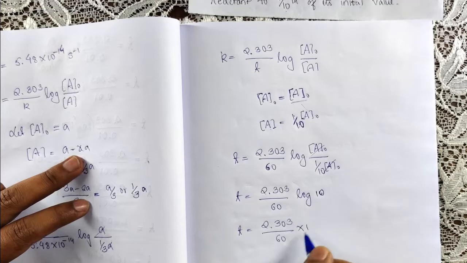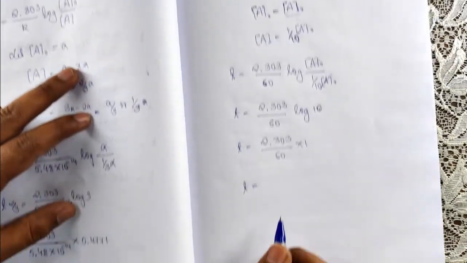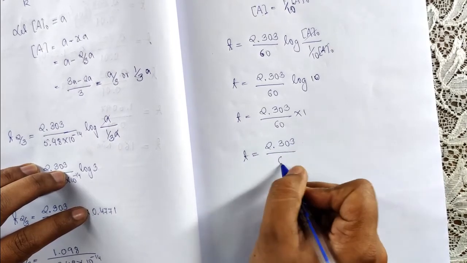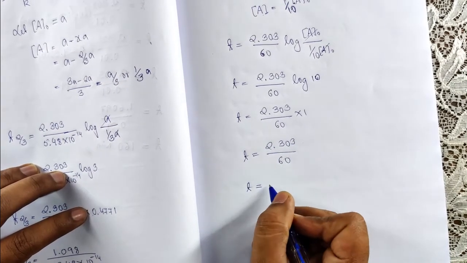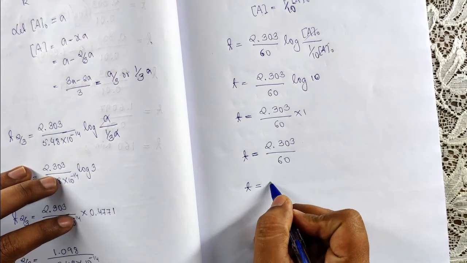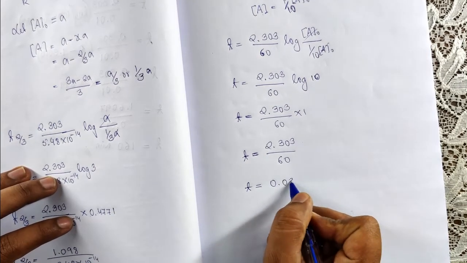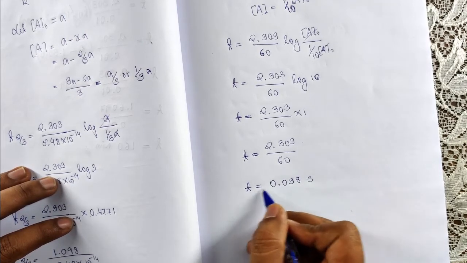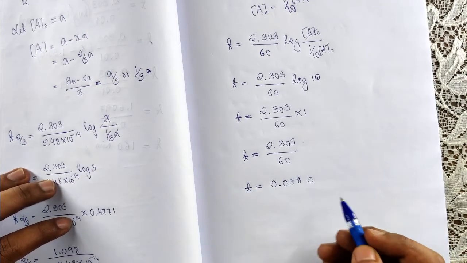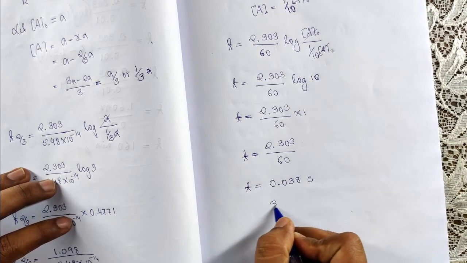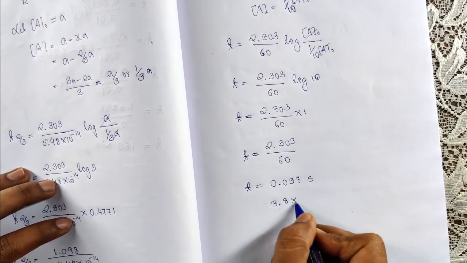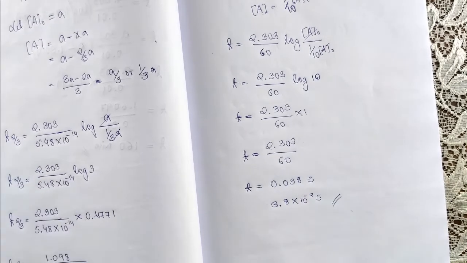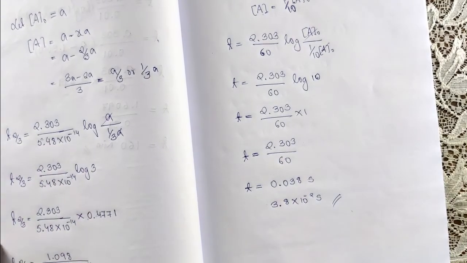So into 1, T will be 2.303 divided by 60. If you divide this one, you will get 0.038 second, or you can write 3.8 into 10 to the power minus 2 second. So this is how you can solve these equations.